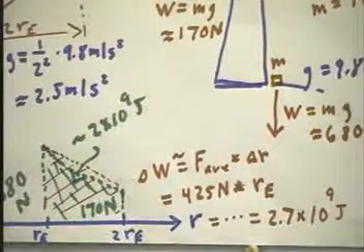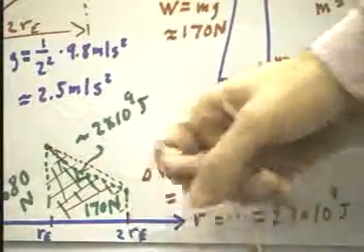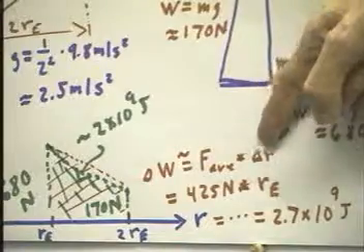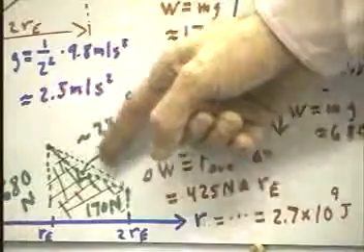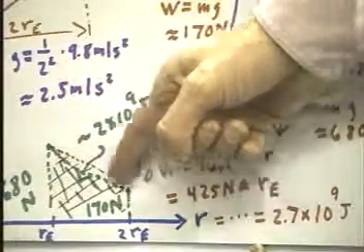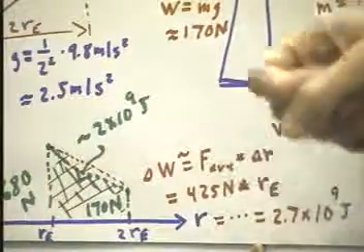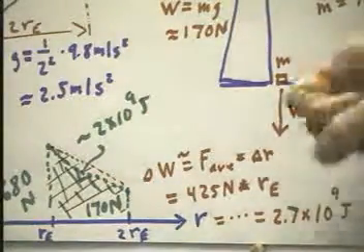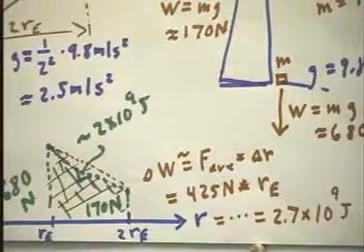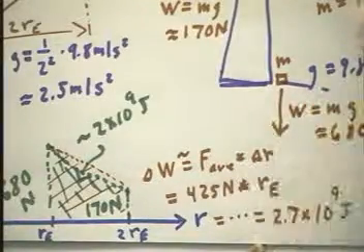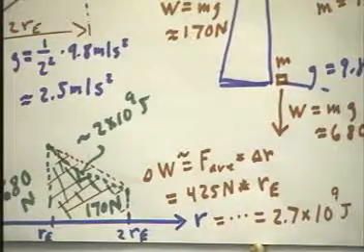Using those values, we see that the work contribution between RE and 2RE is the average force times the delta R. The average force we're going to approximate by the average of these two forces, realizing that really the average force is significantly less than that. But if we average these two forces, we get 425 newtons. And we multiply that by the Earth radius, the 6.4 times 10 to the 6th meters, and you can substitute that in and multiply it out. We get 2.7 gigajoules, or 2.7 times 10 to the 9th joules.